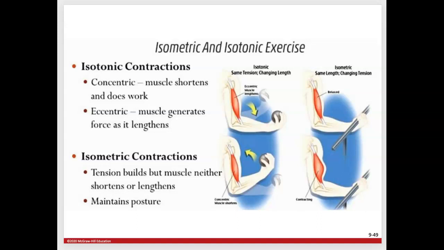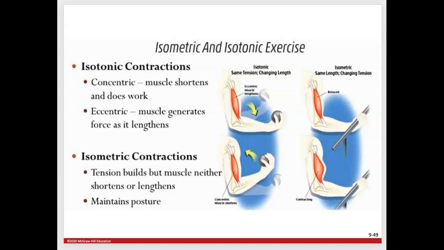Isometric is basically tension builds, but the muscle doesn't shorten or lengthen. And I usually give the example of holding heavy grocery bags, because how many of us, when we go grocery shopping, want to make one trip from the car to the house, right? So we carry 14 bags in each hand.